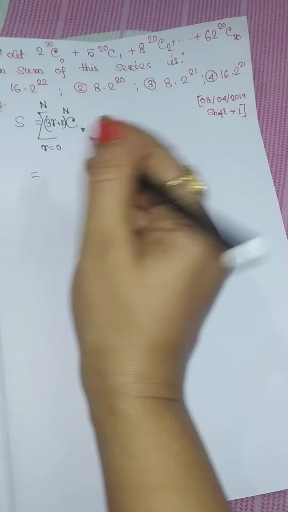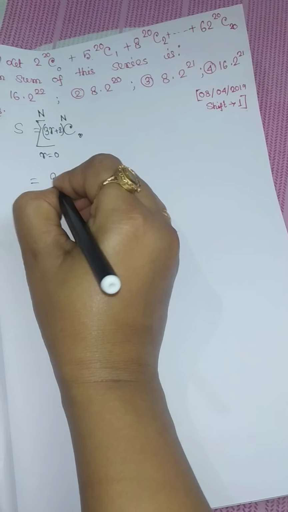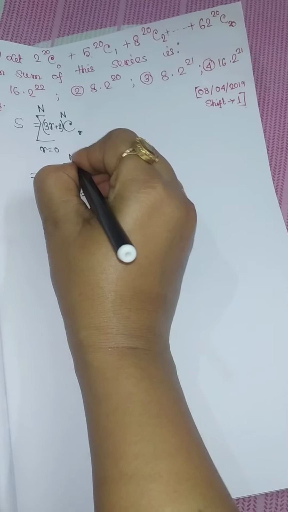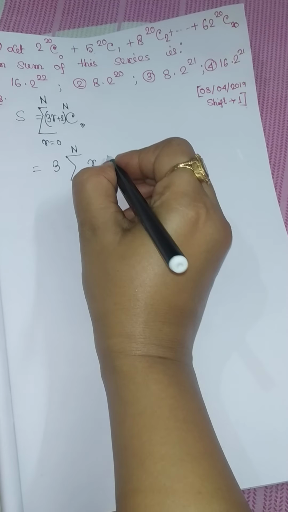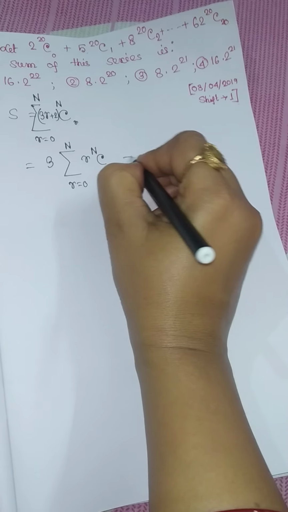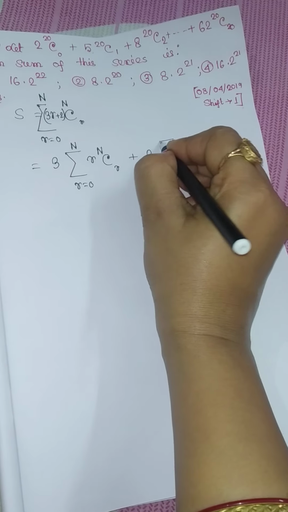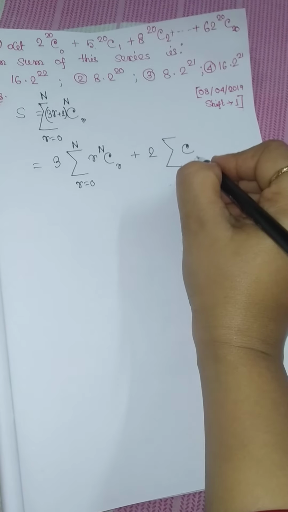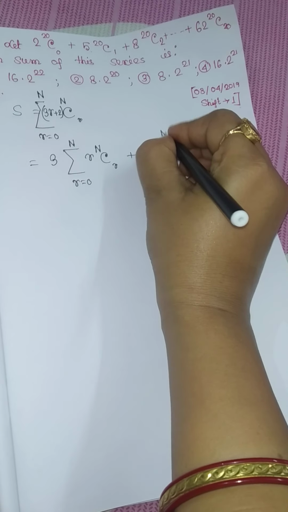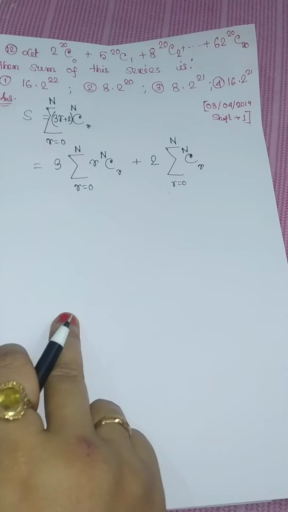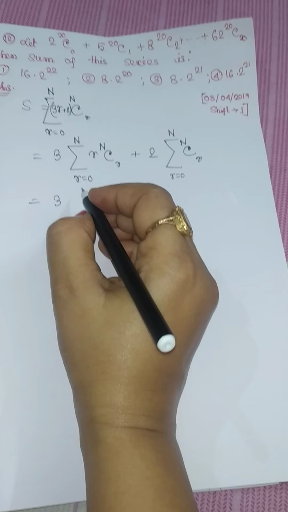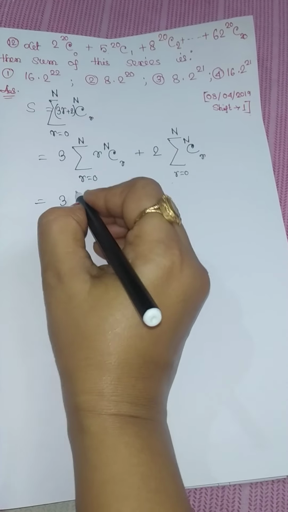Now crack these two terms. Just like that, 3 into the sum over R equal to 0 to N of R C R to N, plus 2 into the sum of C R to N, R equal to 0 to N. Now, this is N times 2 to the power N minus 1.